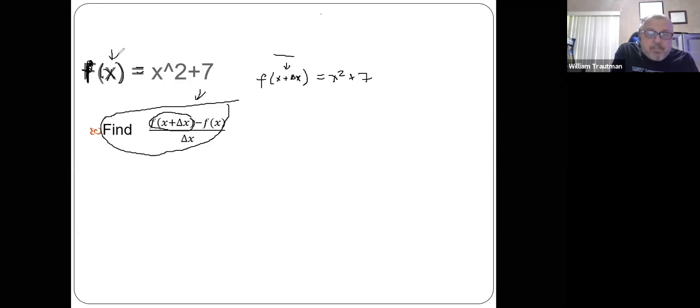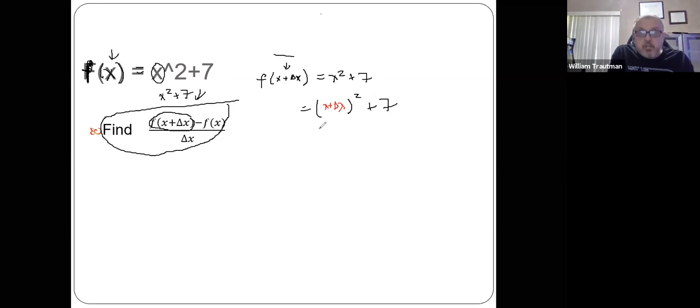Whatever's here goes into the x spot of the function. This is x squared plus 7, so I'm going to put parentheses, square plus 7, and I'm putting my x plus change of x in here. And we're going to do the algebra.